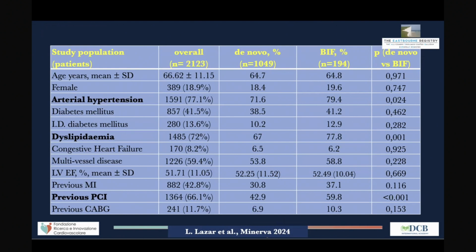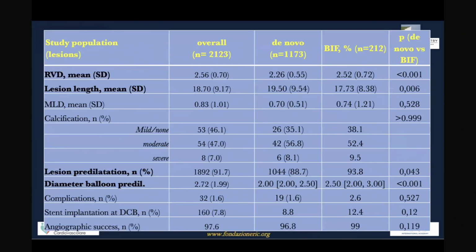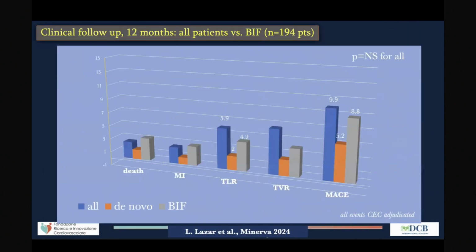We did a comparison between de novo and bifurcation. No specific mentions about important differences. Technically, there is more predilatation accuracy for the bifurcation subgroup, and also the diameter of the balloon used for predilatation is larger than the de novo, which is representing mostly a small vessel disease setting, I have to say.